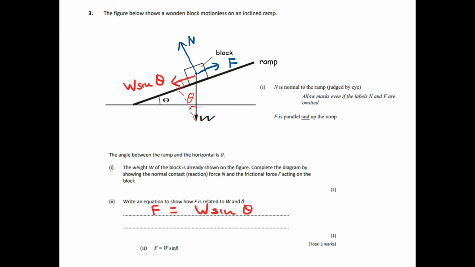Using our trigonometry, we can say sine theta is equal to opposite, which we write as F because it's the friction up the slope, over hypotenuse, which is the weight, and so F equals W sine theta.